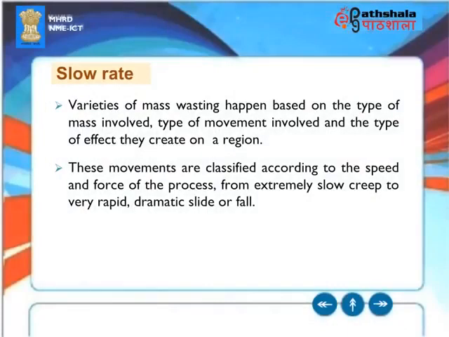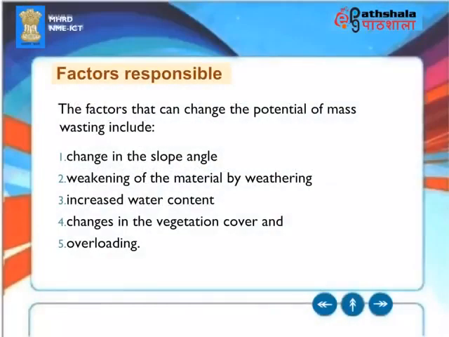Varieties of mass wasting happen based on the type of mass involved, type of movement involved, and the type of effect they create on a region. These movements are classified according to the speed and force of the process, from extremely slow creep to very rapid, dramatic slide or fall.